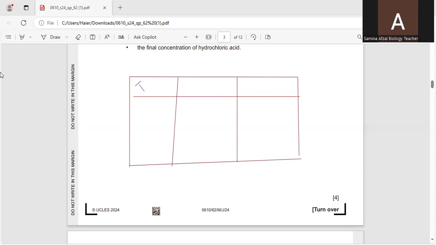So the test tubes A1, A2, and A3. So in A1, the concentration and height.